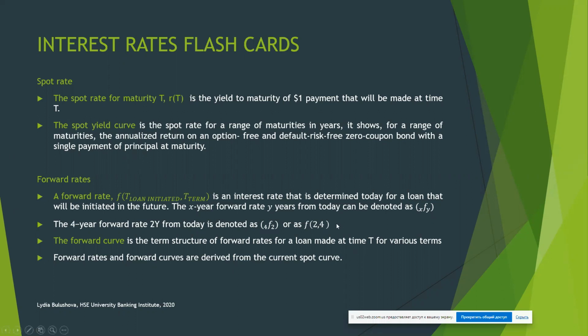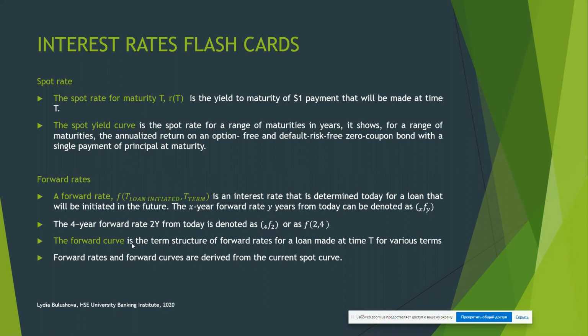There's how we express forward rates. Last time I told you about forward rates. So the forward curve, we have discussed it. So spot rate: I lend you $1 today.